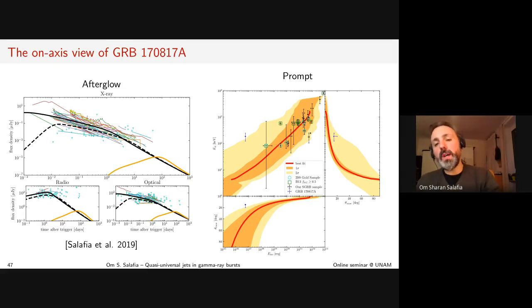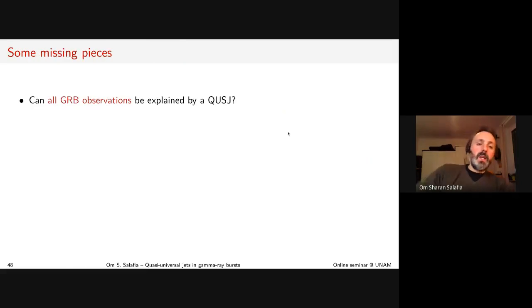You can, if you assume that the comoving spectrum changes, or probably also if you assume that the efficiency is a function of the angle. But anyway, this is another indication that you can possibly interpret most short gamma ray bursts as being produced by similar jets but observed at slightly different angles. So there are obviously some missing pieces in all this unification work.